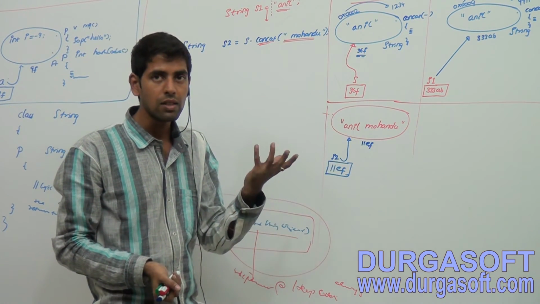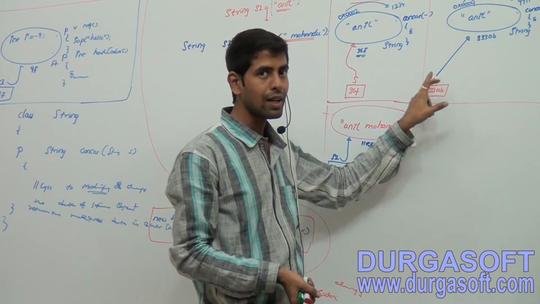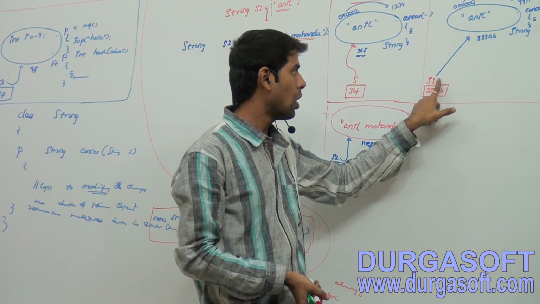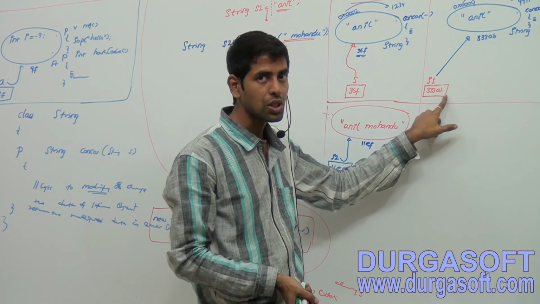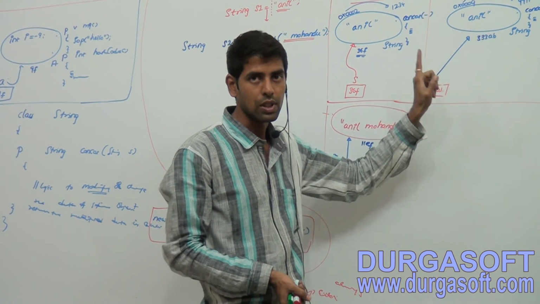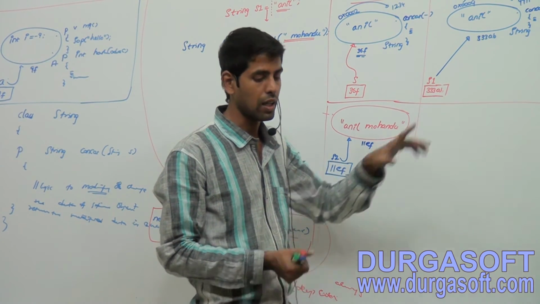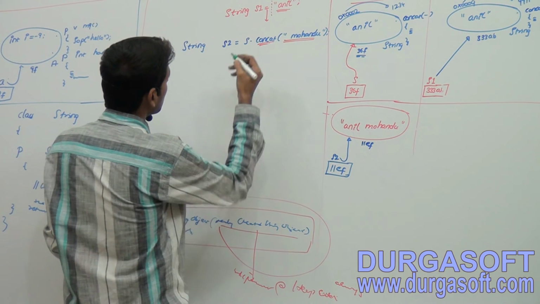What is the scenario if you call the concat method on an object reference variable which is available at the SCP area? Observe here. What is our scenario here?